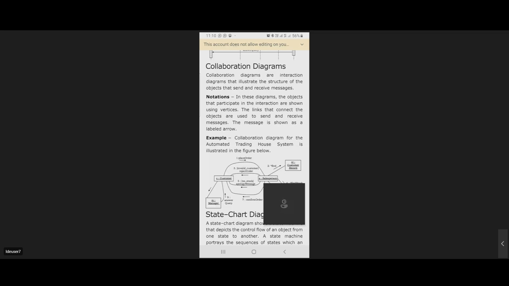The objects we have are similar: customer object, sales object, customer record, stock, and manager. Under this, the first step is placing the order. The customer places the order, which goes to the salesperson. He is going to check whether it is a valid or invalid customer, by finding the customer record.